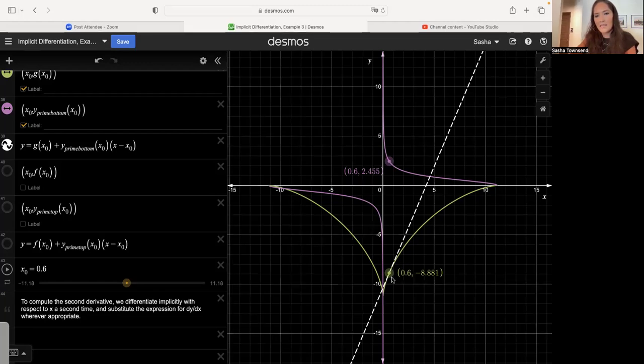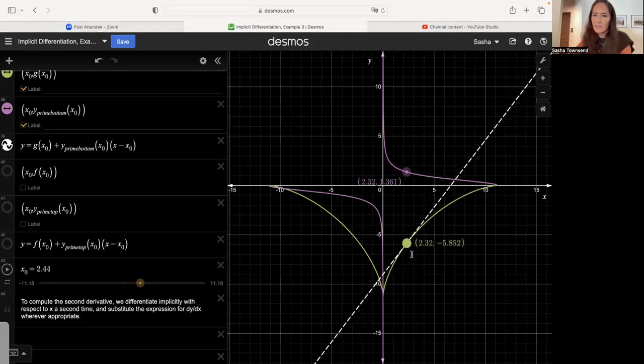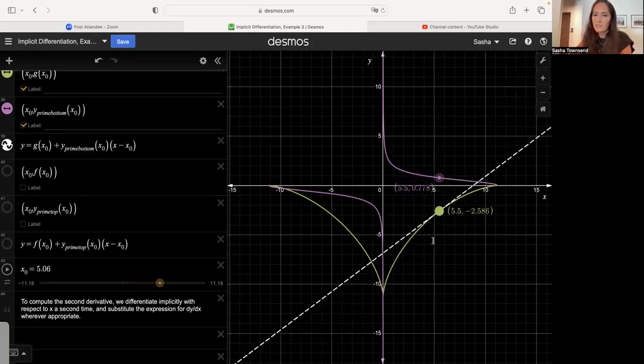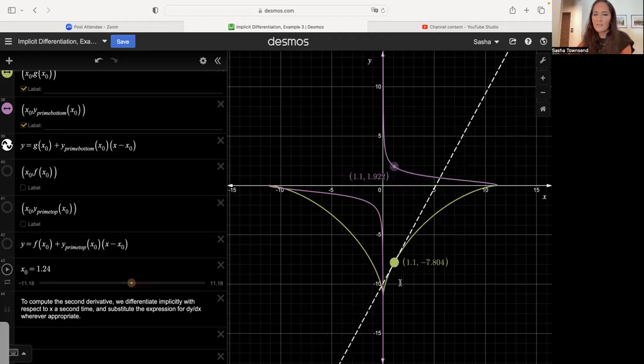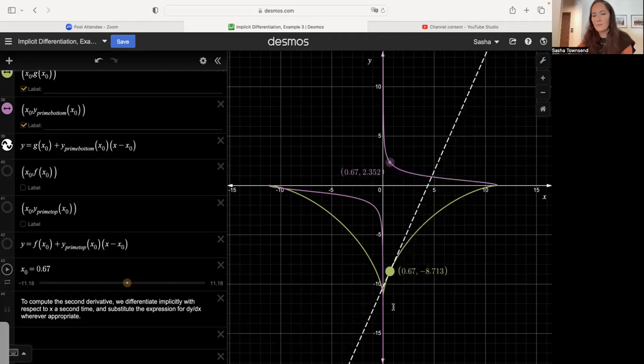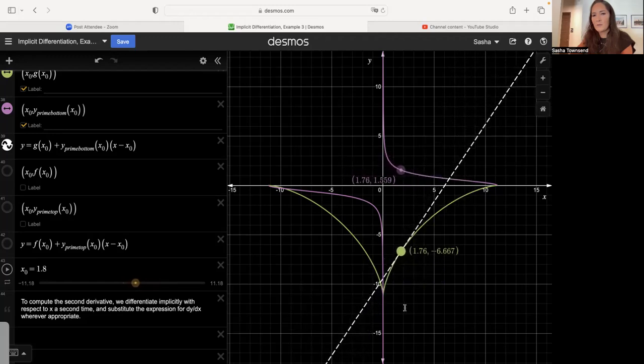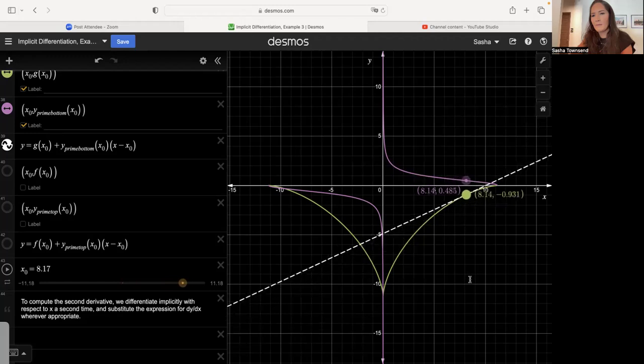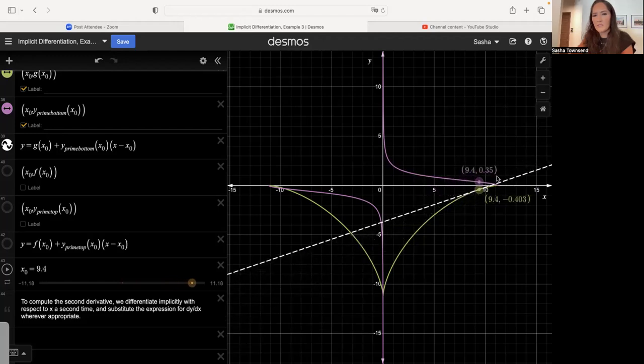And then on this side, it looks like the slopes are increasing. All those slopes are positive values, but they're actually getting less steep. So it goes from a very large positive slope to a smaller positive slope. So the slope is decreasing here, and then it's also decreasing on that branch as well.